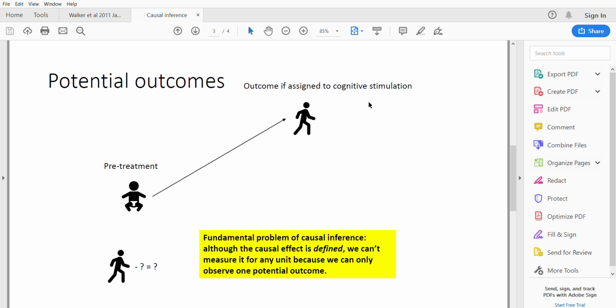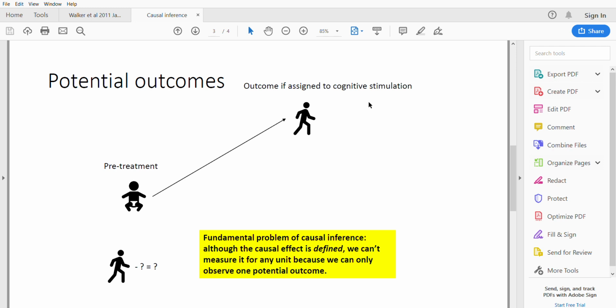And the reason for this is something known as the fundamental problem of causal inference. So what it's going to turn out is that as soon as we have assigned a child to one condition, we have guaranteed that we cannot observe their other potential outcomes. So if we've assigned a child to receive cognitive stimulation, then necessarily we have not assigned that child to receive nutritional supplementation. We have not assigned that child to the control. And so although at the follow-up we'll be able to observe one of these potential outcomes, there are two that will remain hidden from us.